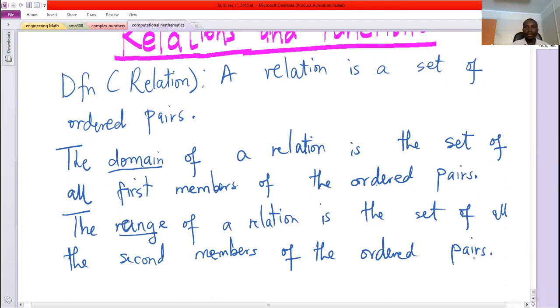So the range of a relation is the set of all the second members of the ordered pairs.